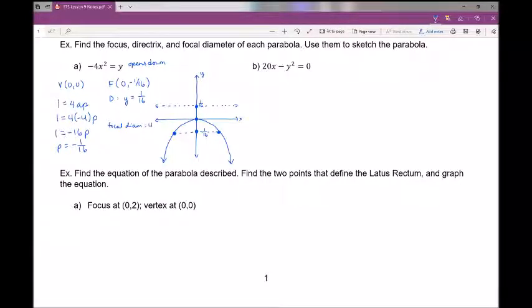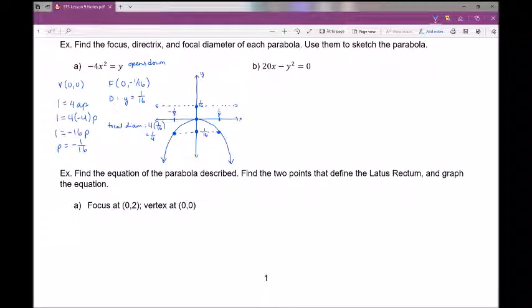So we have 4 times 1/16, which is 1/4. So we know that the entire width of that parabola must be 1/4. But notice what's happening in this picture is that the y-axis is cutting the parabola in half. So what we want to do is take half of that focal diameter and put it on one side and half of it and put it on the other side. So what's going to happen is we're going to get 1/8 on the right and negative 1/8 on the left.